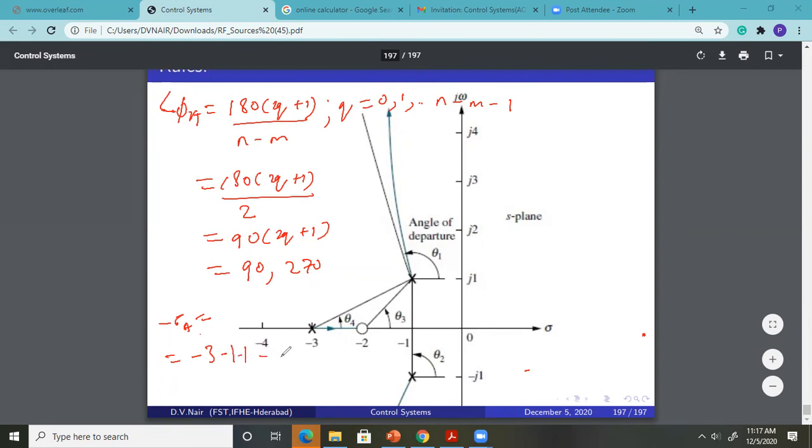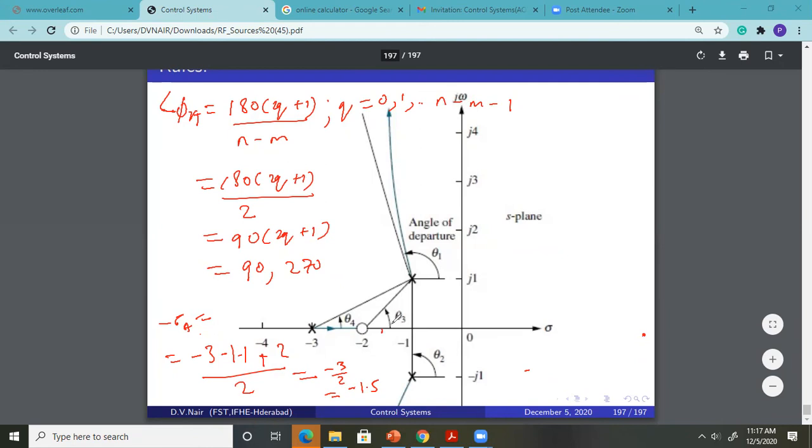Minus the sum of real parts of zeros, which is minus 2, so in the formula for sigma it will become plus 2, divided by n minus m, which is 2. So it becomes minus 5 plus 2, that is minus 3 by 2, so it is minus 1.5, right? Somewhere here is minus 1.5.